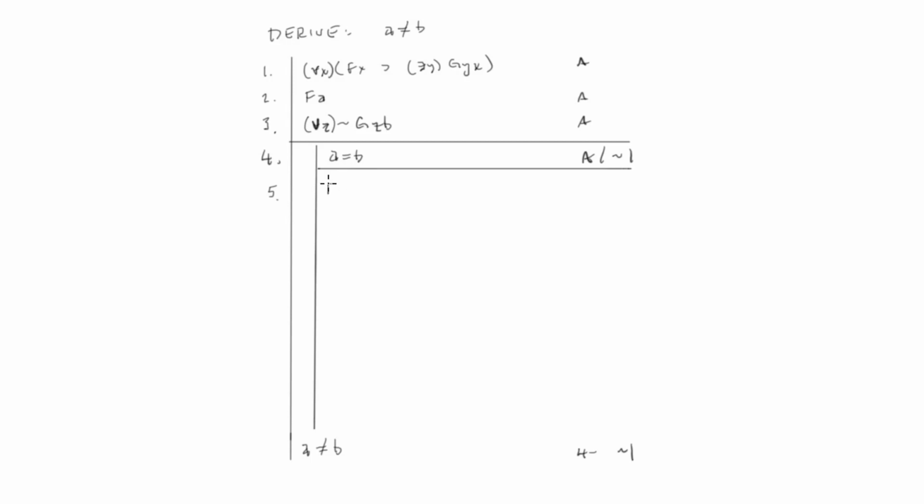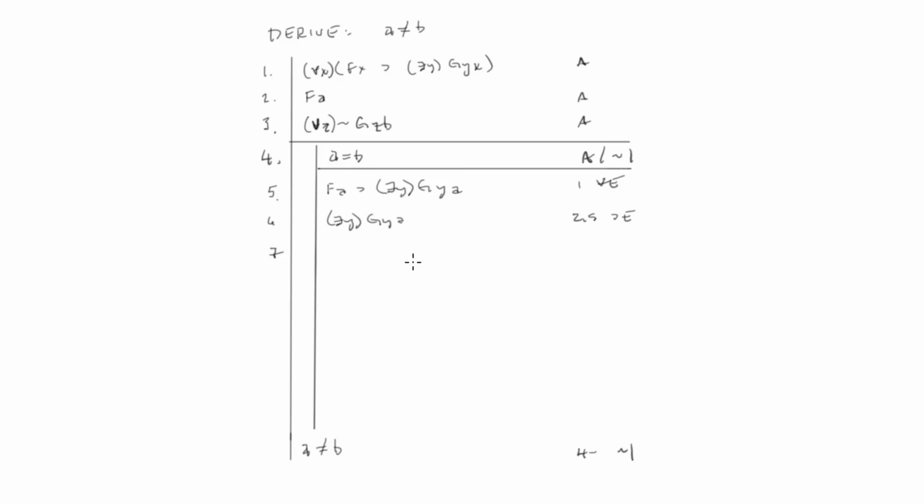So FA, horseshoe, there's a Y, G, Y, A. That's from line 1, universal elimination. Then on line 6, there's a Y, G, Y, A. That's from 2 and 5, conditional elimination.